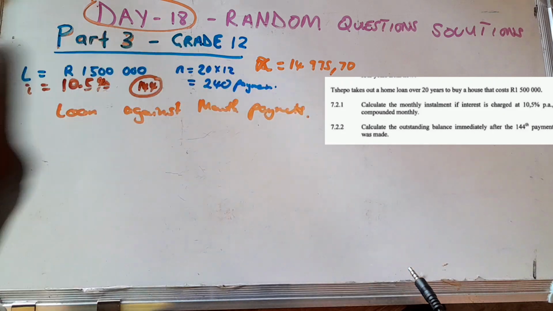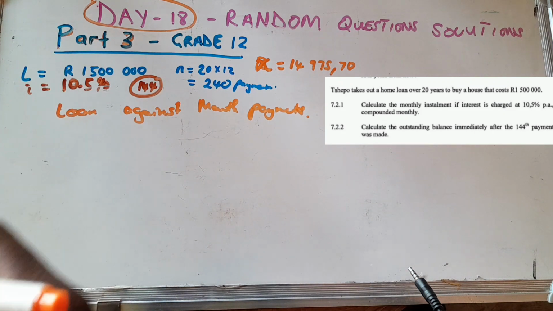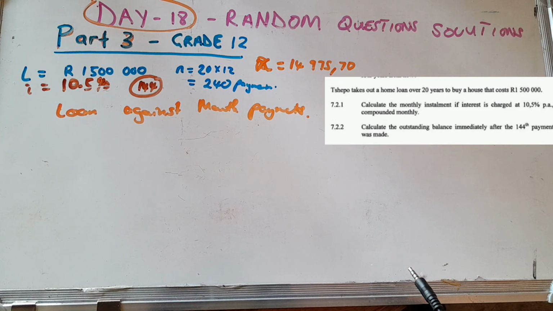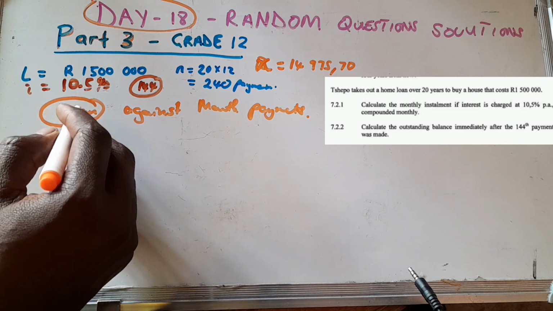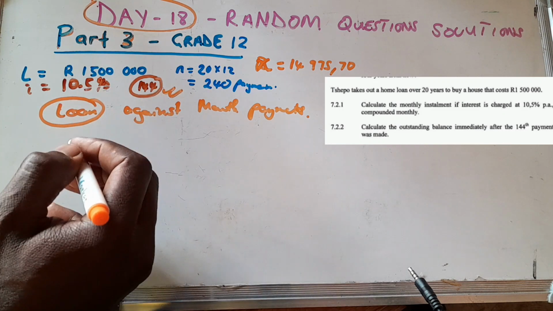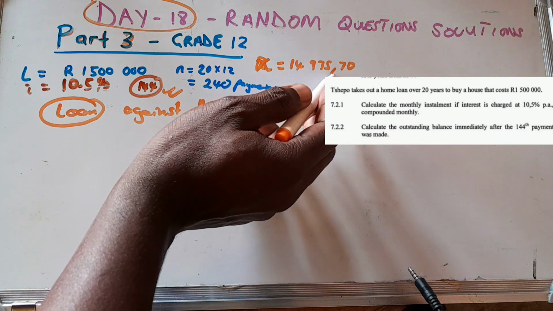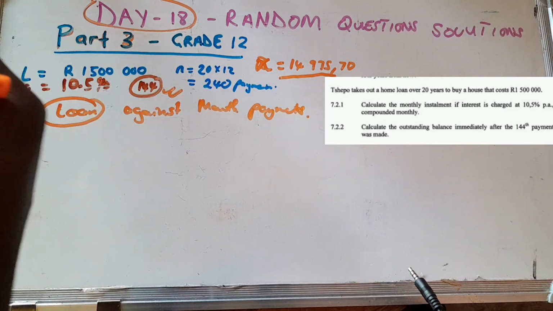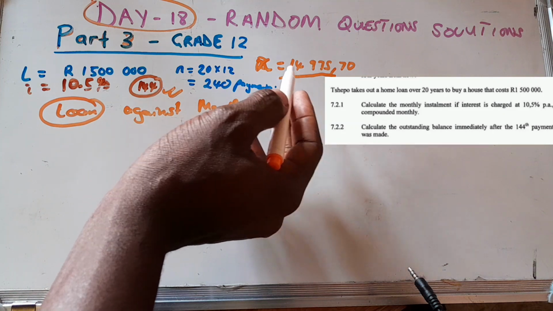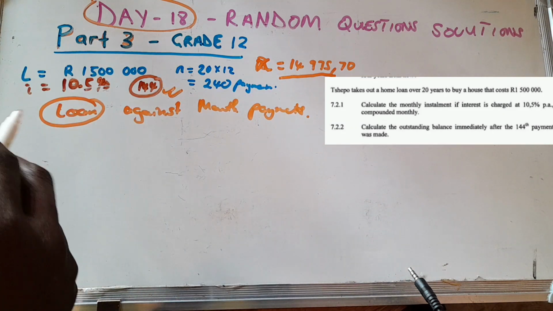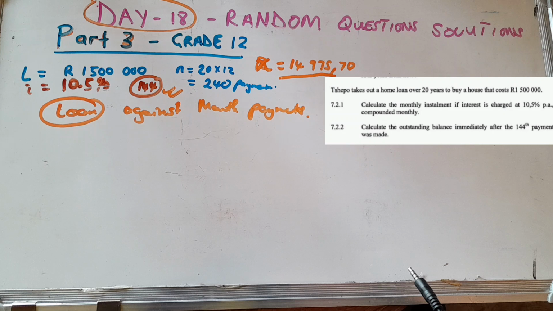So we are going to find the accumulated amount of this loan after 144 payments, and we are going to take the monthly payment as our future value, and see how much we have after 144 payments, and then we can subtract the two.